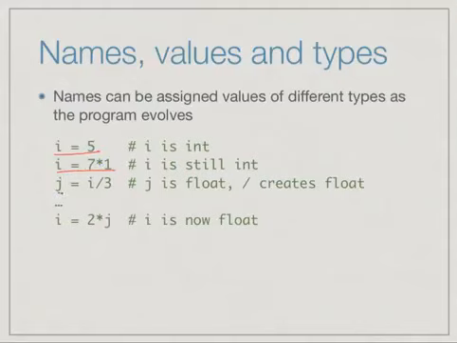Now, if we divide the value of I by 3, so at this point, if we had followed this sequence, I is 7, right? So 7 by 3 would be 2.33, and this would be a float. So therefore, because the operation results in a float, at this point, j is assigned a value of type float. Now, if we continue and at some later stage, we take I and assign it the value 2 times j. Since j was a float, I now becomes a float.